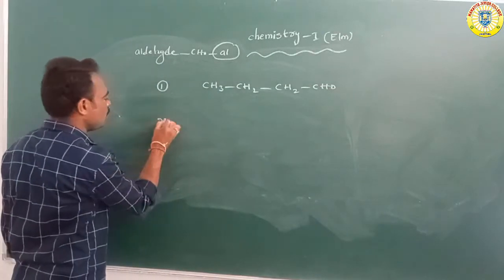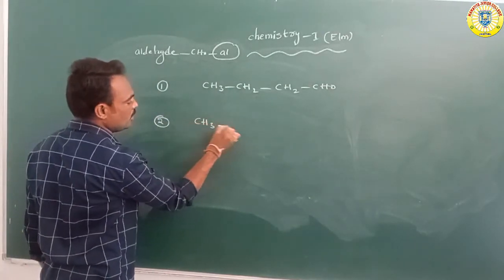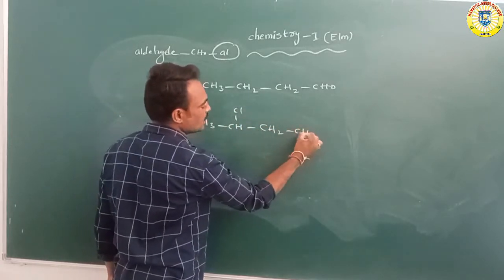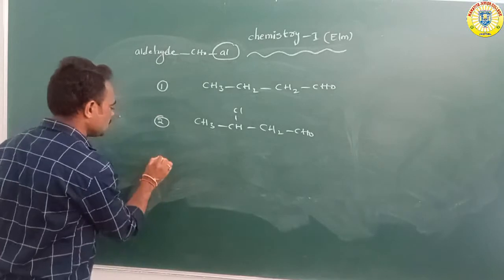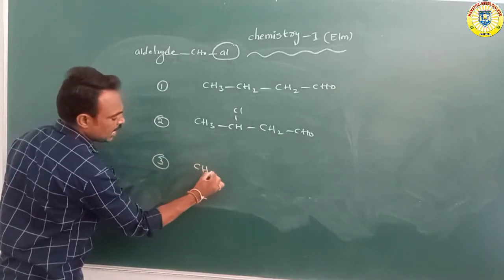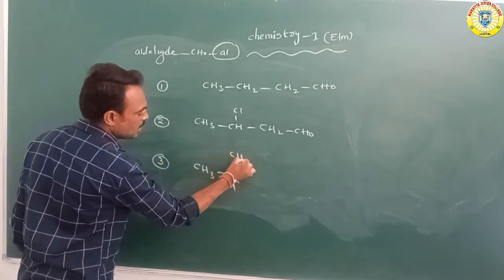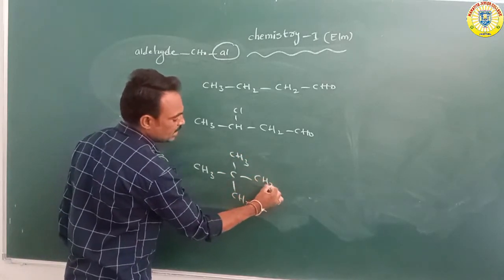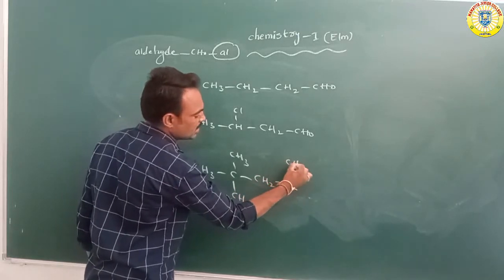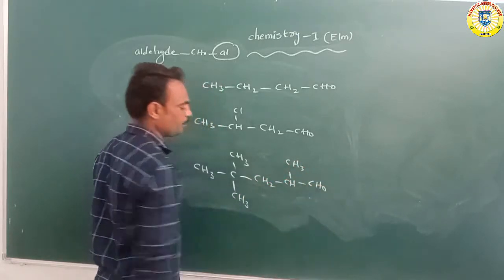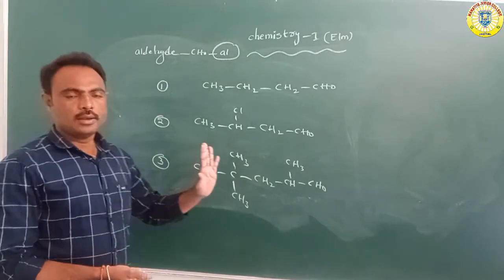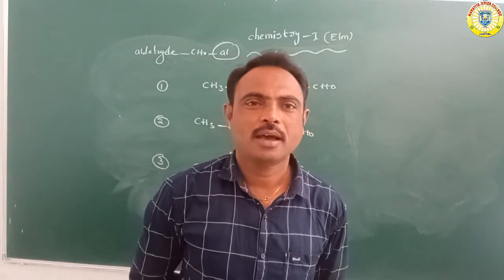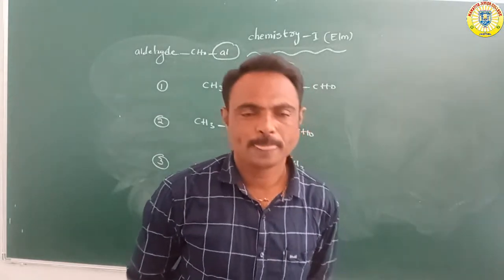Or the second example, CH3 bond, CH bond Cl, bond CH2 bond CHO. Or the third example, CH3 bond, C bond CH3 bond CH3, bond CH2 bond CH bond CH3 bond CHO. So overall, these examples contain the aldehyde functional group CHO.